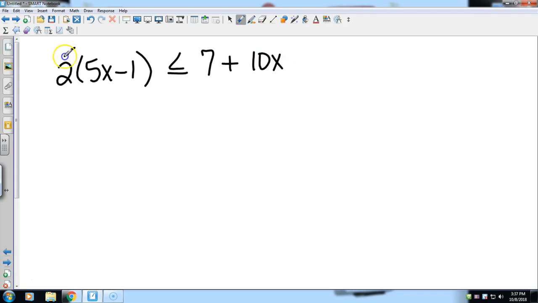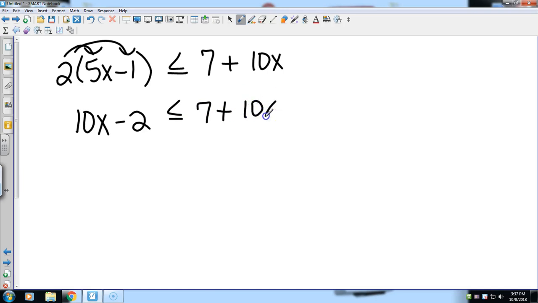So over here I do my distributive property, and I get 10x minus 2. Oh, I've forgotten something here. Oh no, I'm good. I'm sorry. So 2 times negative 1 is negative 2, less than or equal to 7 plus 10x.